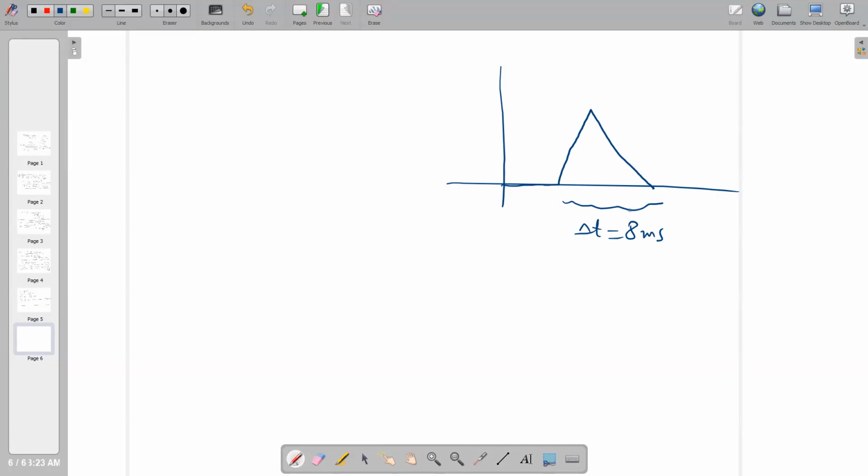It is given. And this is here 300. This time axis is in millisecond, and this is the force in Newton.